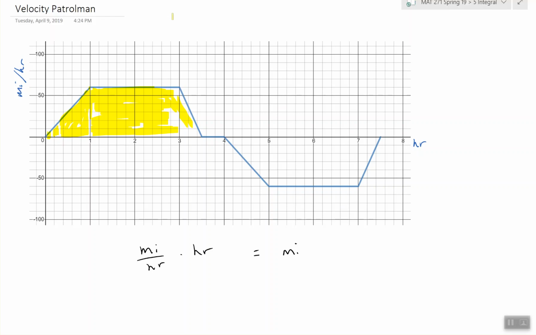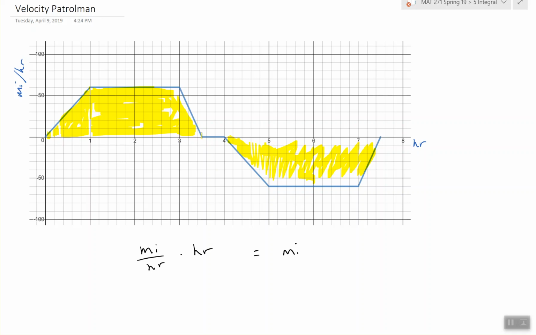So adding up all the net area under the curve as we go, we could calculate that. We can see when x is 1, our net area would be 30. When x is 3, we were at 30 already at 1, and now we've got a base of 2 and a height of 60, so it's another 120, so we would be at 150 there.